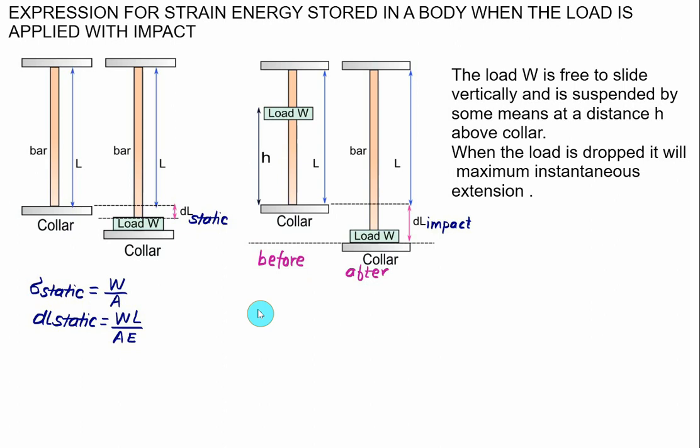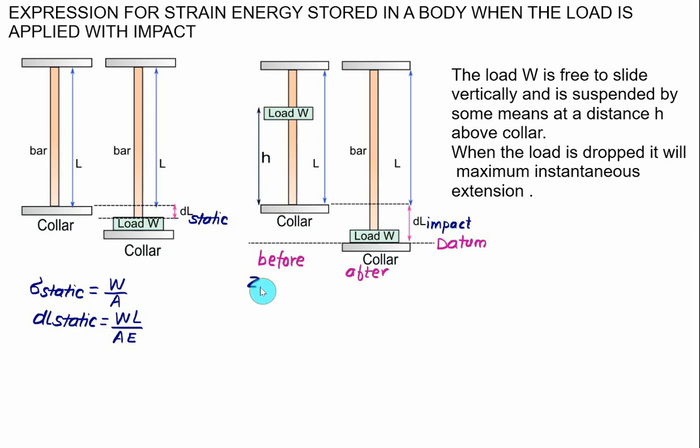So before impact, the load is at a height equal to h plus DL impact, and after the impact it will attain a datum. So we'll set this horizontal line as a datum. The initial condition will be defined as 1 and the final condition will be defined as 2. In the initial condition, the total height is equal to h plus DL impact.